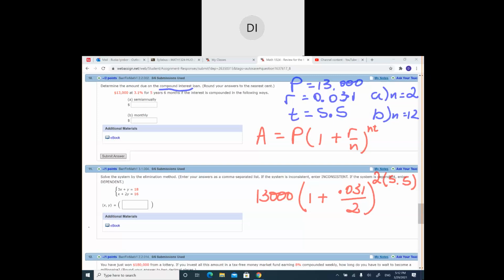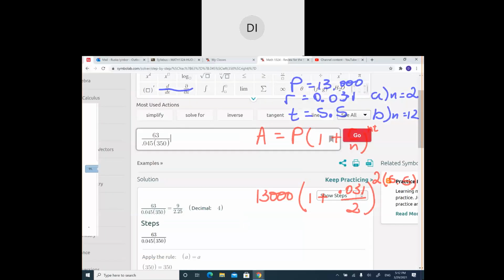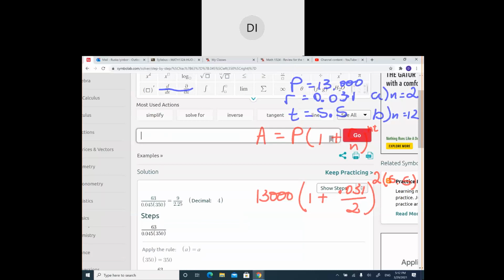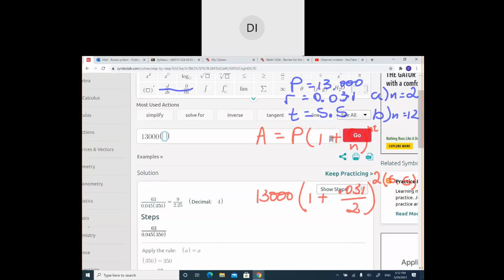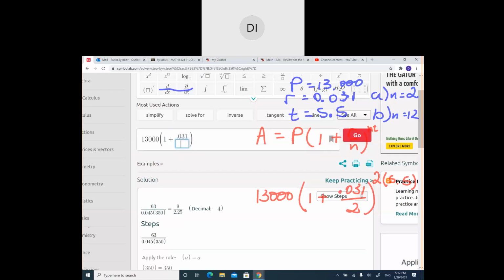So I'm going to put here 13,000, parentheses, 1 plus 0.031 divided by 2, and then exponent 2 times 5.5.